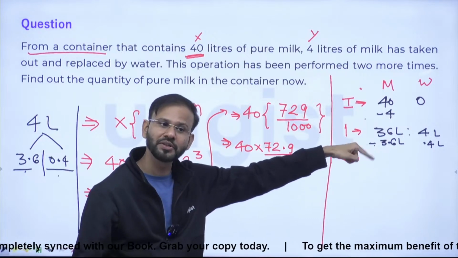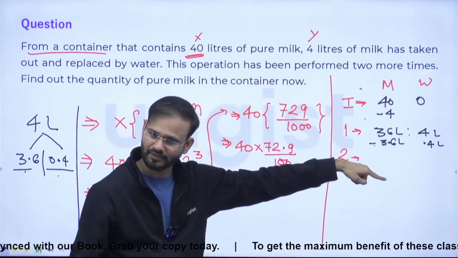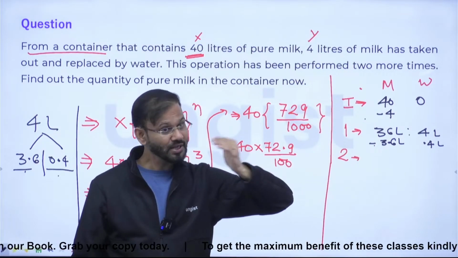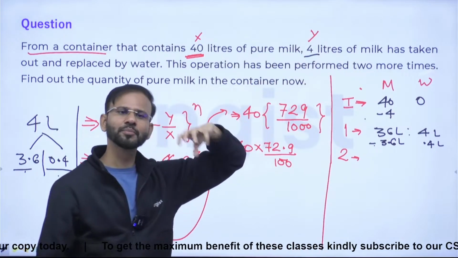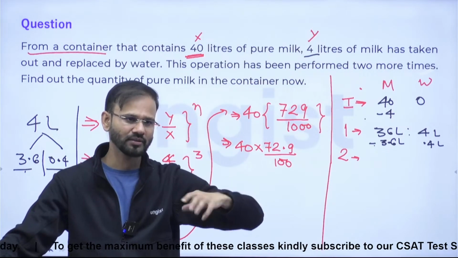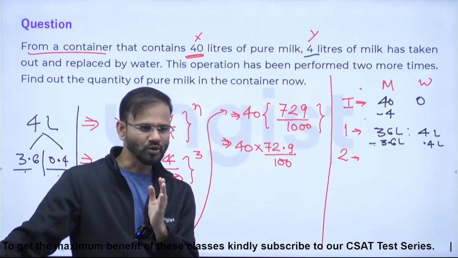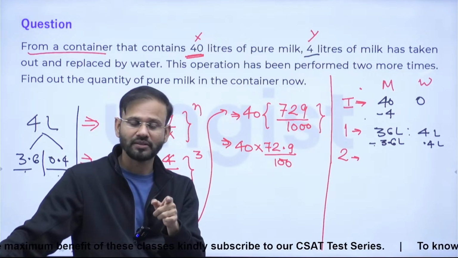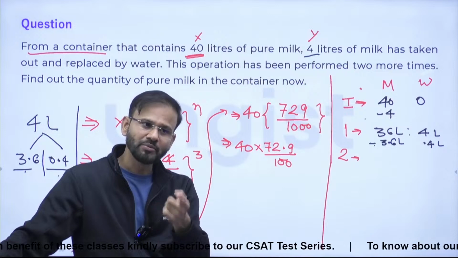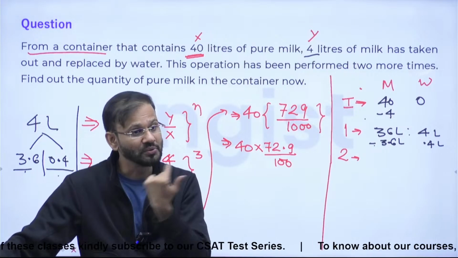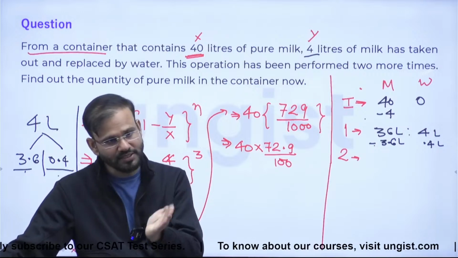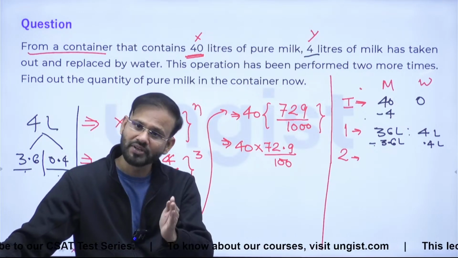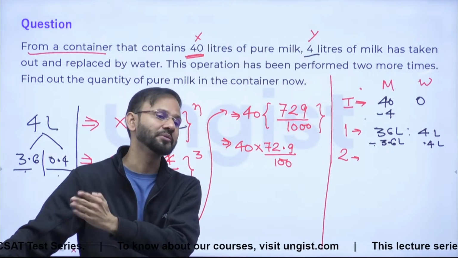This is what percent with respect to 36? Again 10. So guys, in these type of questions, if initially you have reduced the pure milk by 10%, then after each operation it will be reduced by 10%, 10%, 10% only. This is just a successive decrement of 10%, 10%, 10%.